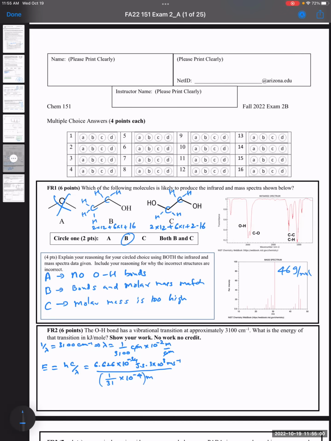Then if you do that, you're going to get the energy per photon.